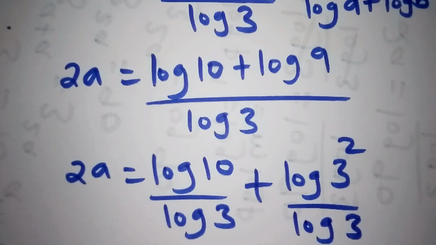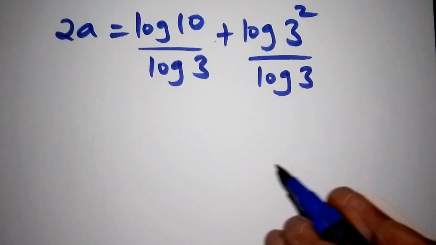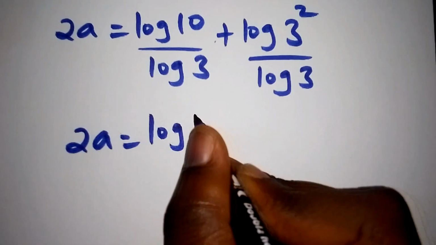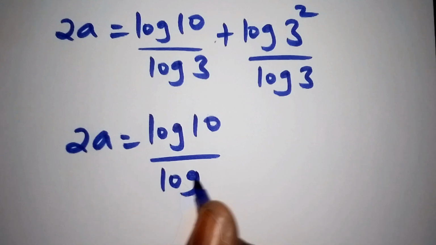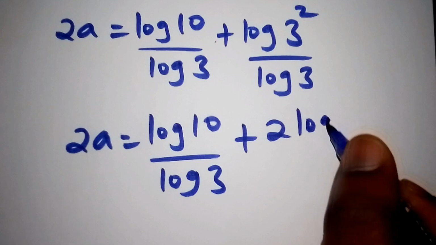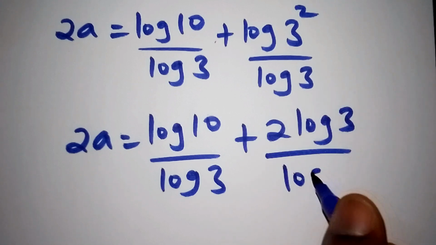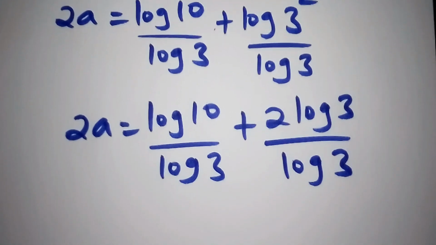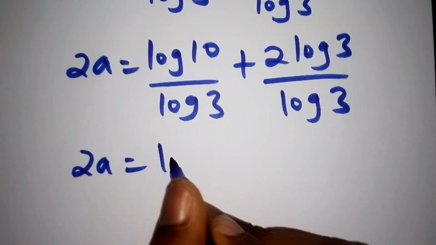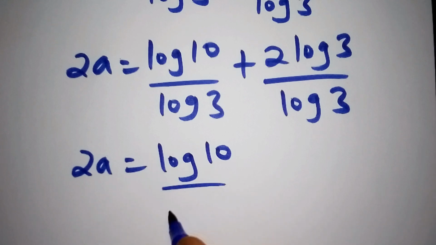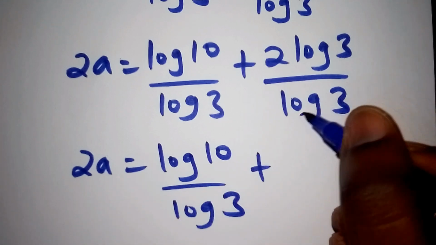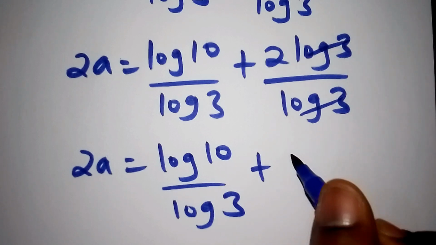Next we write 2a as equal to the log of 10 all over the log of 3, plus, since the log of 3 to the power of 2 is 2 log 3, 2 log 3 all over the log of 3. Let's simplify the common terms: 2a is equal to the log of 10 all over the log of 3 plus, as log 3 and log 3 cancel, we remain with 2.